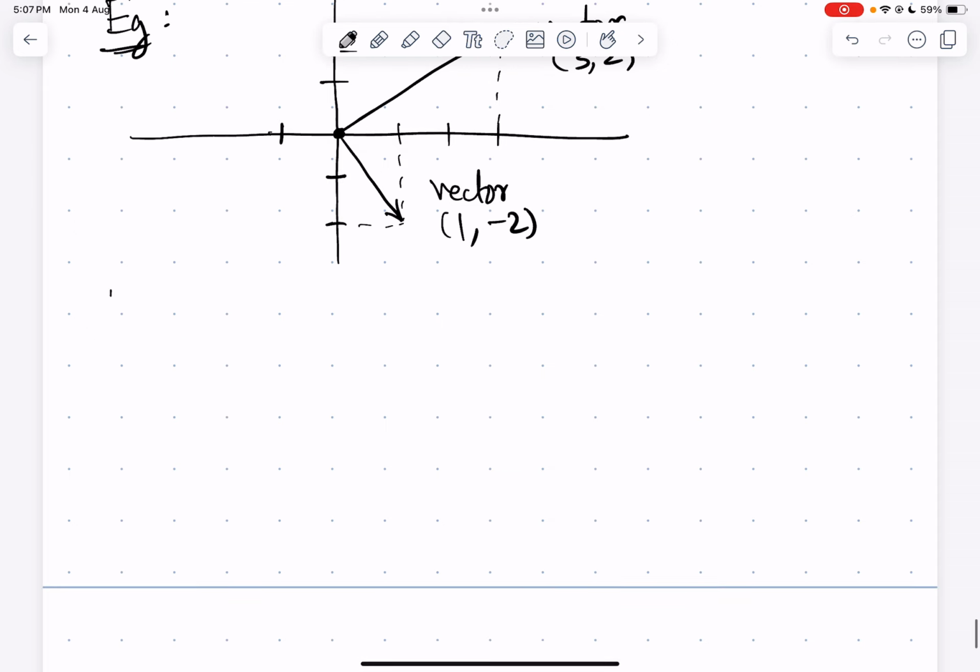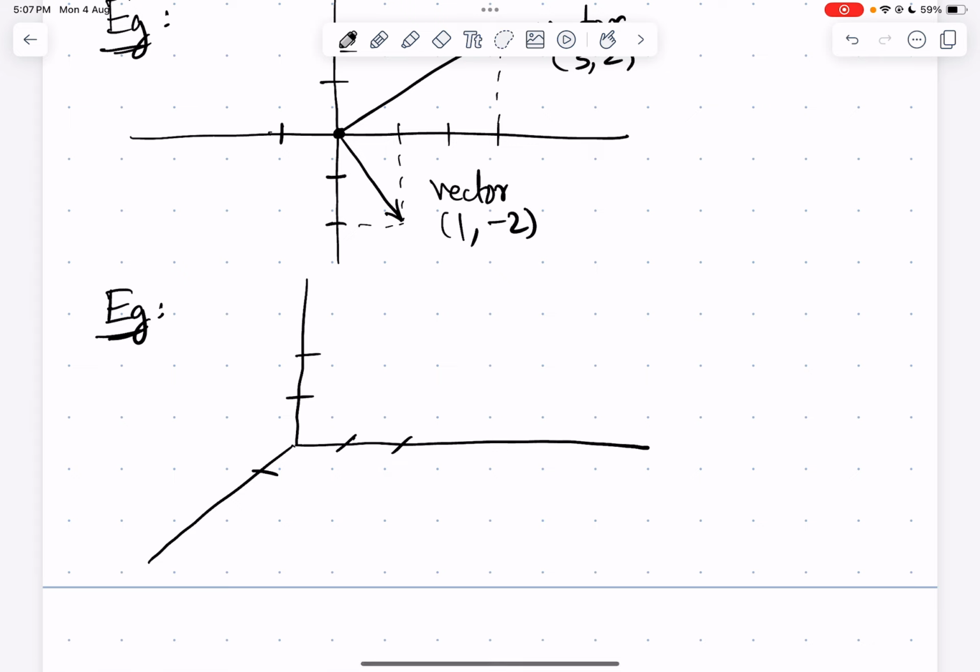In three-dimensional space, we can do the same thing. For example, 1 comma 2 comma 2, we'll think about this box. We can think of this as a vector 1 comma 2 comma 2, right?